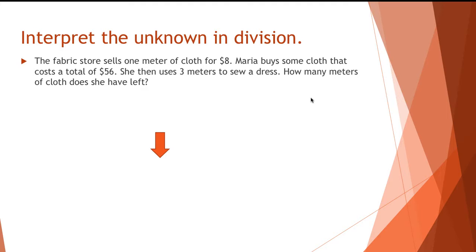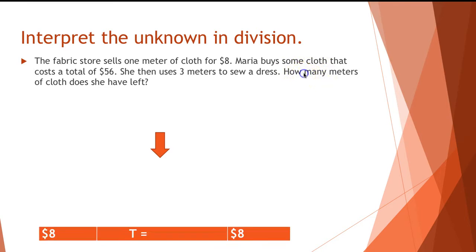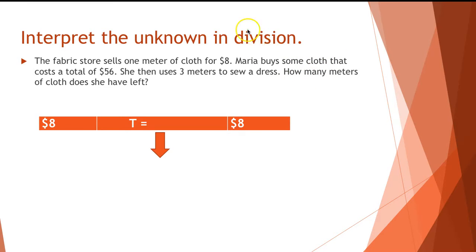Let's talk about what we already know, and let's draw a model to help us. We know that the fabric store sells 1 meter of cloth for $8. So we know that 1 meter is $8. Maria buys some cloth that costs a total of $56. She then uses 3 meters to sew a dress. How many meters of cloth does she have left?